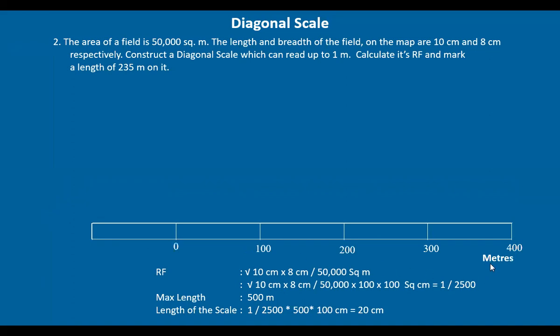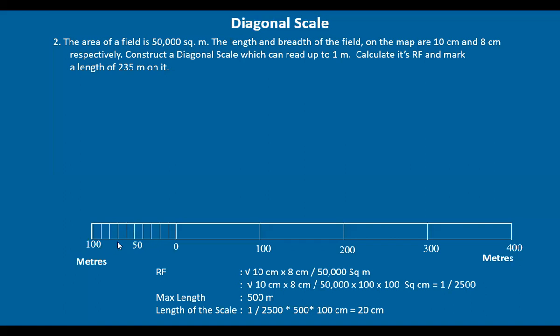So these are 100 meters each division, and on the left side also, this is 100 meters. Now let's divide this into 10 equal parts, and each division now represents 10 meters.